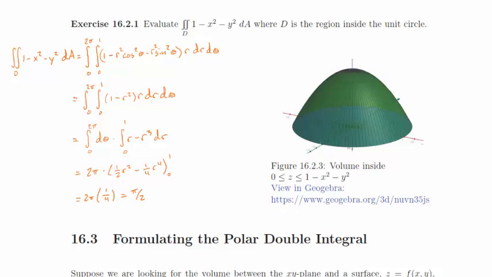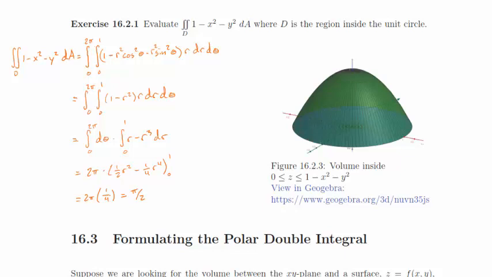Then breaking this up into my theta and my r integrals, I have the integral from 0 to 2 pi of d theta times the integral from 0 to 1 of r minus r cubed dr. Taking the antiderivatives and evaluating, we get that this equals 2 pi times (1/2 r squared minus 1/4 r to the 4th), evaluated from 0 to 1, equals 2 pi times 1/4 equals pi over 2.